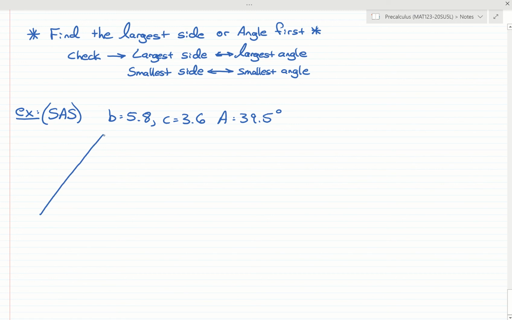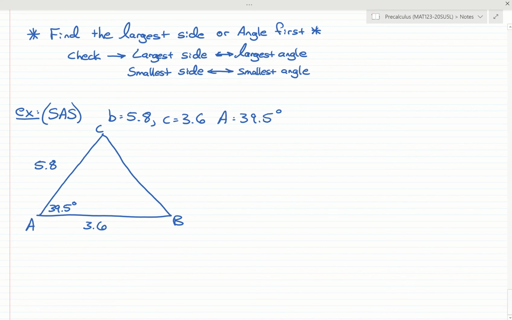Now I always recommend we draw out the triangle just to give us perspective on what we need. Angle A is 39.5. We don't have any other angles, so we could just pick where B and C go. Side B is 5.8 and side C is 3.6.